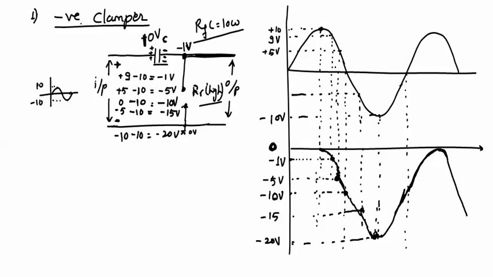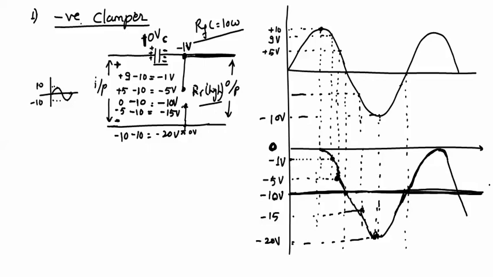For input also, minus 10 to plus 10 volt, peak to peak was 20 volts, and for output also it is 20 volt. This output waveform is oscillating with respect to this reference level, which is minus 10 volt. So we can say that its DC level is shifted to minus 10 volt from 0 volt.